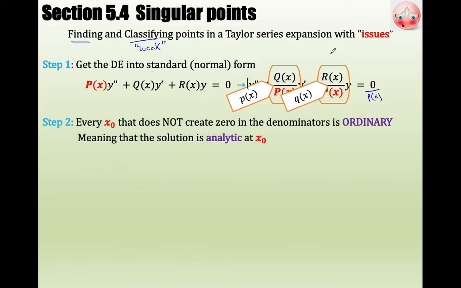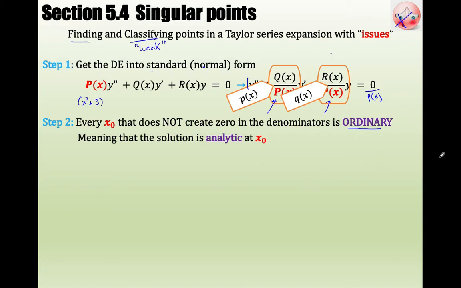So, step 2, every x value that does not create 0 in these denominators. In other words, I'm looking at capital P of x. What makes capital P of x 0? If nothing makes P of x equal to 0, for example, if P of x was x squared plus 3, then every x is what we call an ordinary point, and I've got no issues at all.